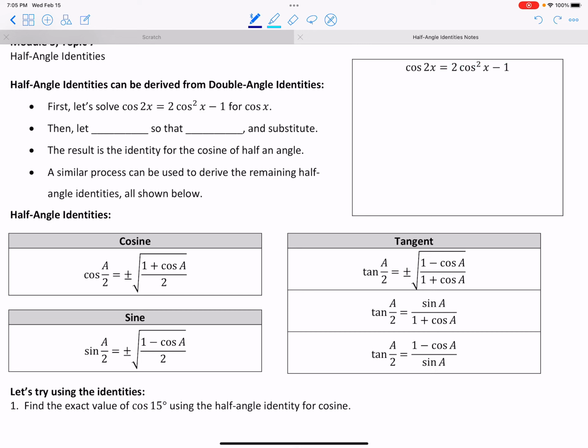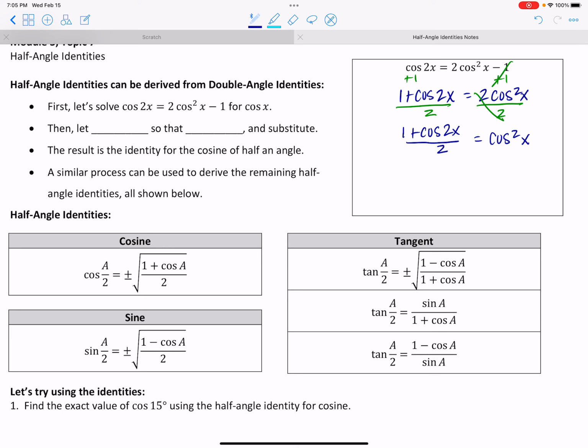So if I want to solve here, first thing I'm going to do is add the 1 to both sides. And so we're looking at 1 plus the cosine of 2x equal to 2 times the cosine squared of x. Then I'm going to divide both sides by 2. That's going to cancel, and I can't really divide anything here by 2, so I'm going to leave this as a fraction: 1 plus cosine of 2x all divided by 2 equal to the cosine squared.